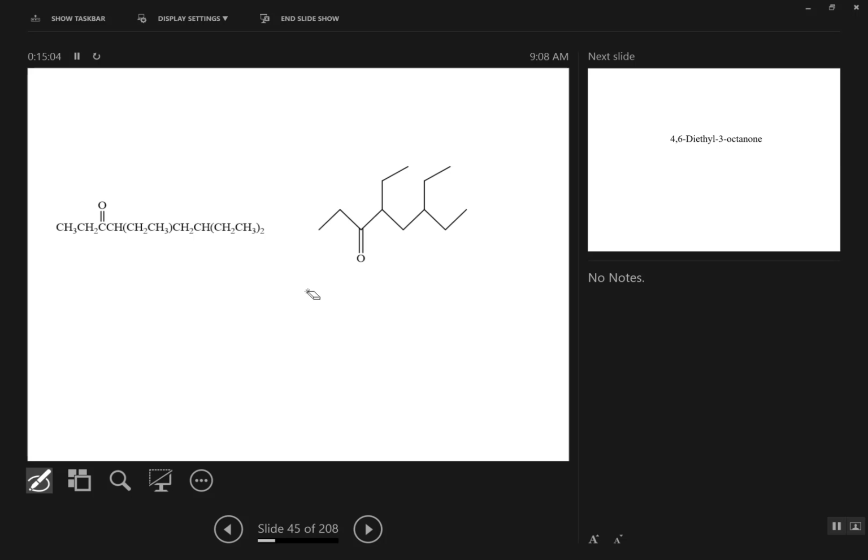Everything's right except for the fact that you write 4, 6. Oh, 2. Okay, once again, it's not an alcohol. What's the ending of a ketone? It's not a methyl. But you're on the right track. There we go. Yes.